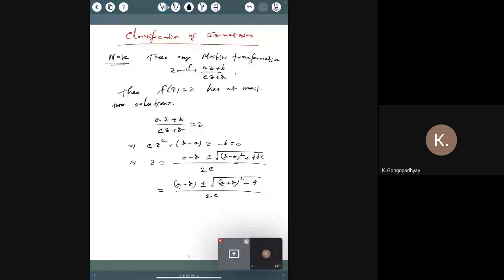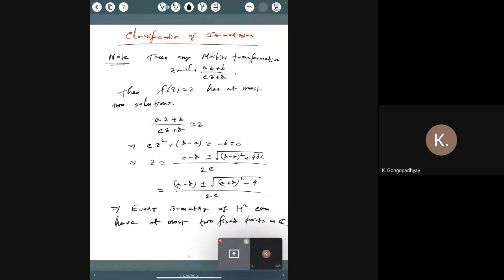So this means every isometry of H2 can have at most 2 fixed points on C. Because we are solving a complex equation, the solutions will be complex roots.